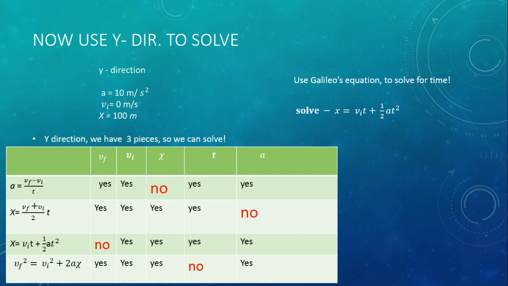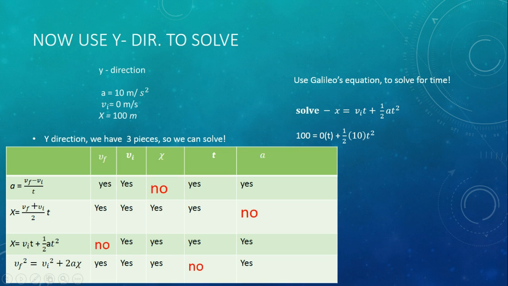So we first write down the equation and plug in everything we have. We need to solve for t. So 100 meters for displacement, initial velocity 0, 1/2, acceleration is 10 because gravity, time we're solving for. This initial part goes away because it's multiplied by 0, so you can just cross that out.